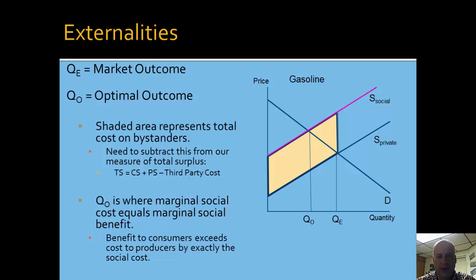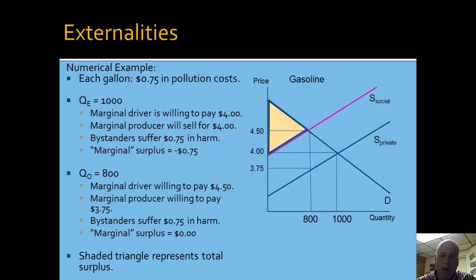It might be helpful to see a numerical example. So if we take a look at this diagram, we can see that the market in equilibrium would produce 1,000 gallons of gas at a market clearing price of $4. When we think about the external cost, in this example, in the market for gasoline, if we suppose that each gallon produces 75 cents in pollution costs in addition to whatever the production costs are, we can see that the social supply curve sits 75 cents higher than the private supply curve.